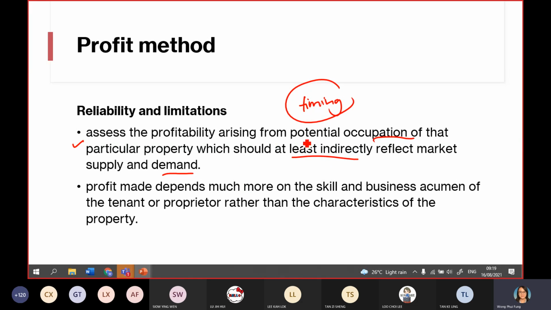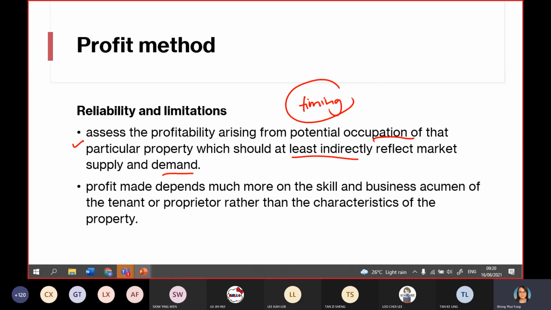If you take over, say for example, during the COVID-19 pandemic right now, the value should be lower because supply and demand is very low for the hotel business, isn't it? But a few years ago, 2019 or 2018, before the COVID-19 pandemic, the hotel business should be very good.